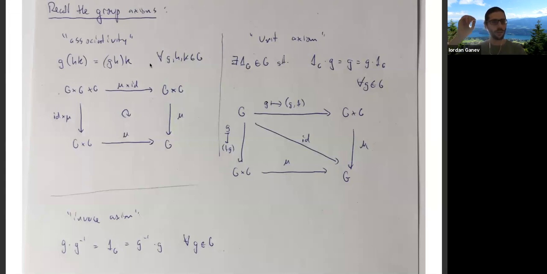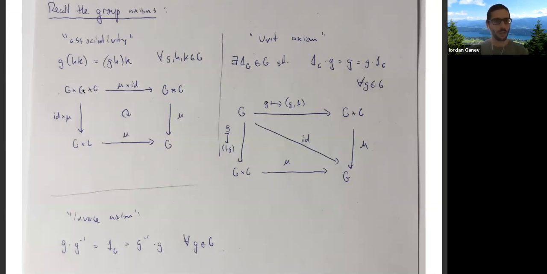And you can express this as a commutative diagram. You take 3 elements in G, we multiply first the things in the first 2 slots, and the last one just tags along, and we end up here. And then we multiply the resulting 2 elements, so that corresponds to the right-hand side.